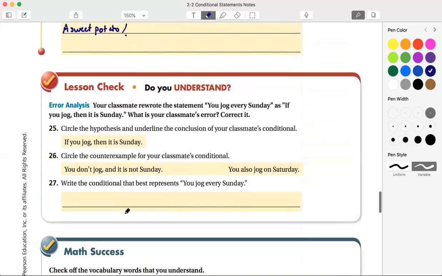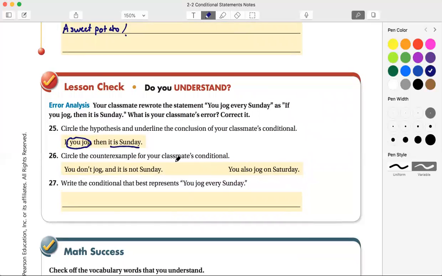All right, so your classmate rewrote the statement, you jog every Sunday, as, if you jog, then it is Sunday. What's your classmate's error? Circle the hypothesis and underline the conclusion in your classmate's conditional. The hypothesis is you jog, and the conclusion is then it is Sunday.